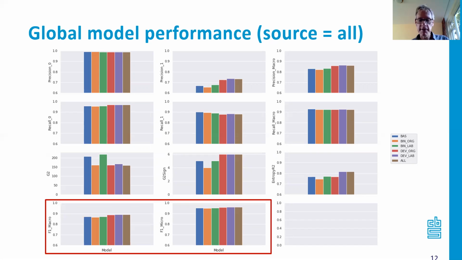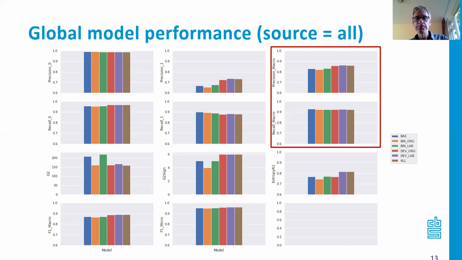We found that the macro F1 values were lower than the micro F1 values. The reason is that the performance of the cyber class was poorer than that of the no cyber class. Furthermore, overall the macro recall is better than the precision.